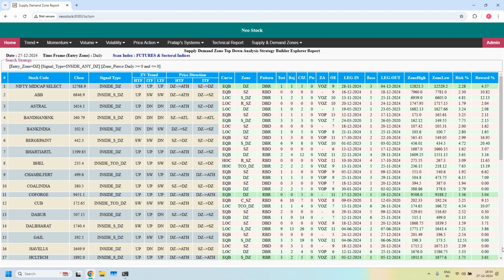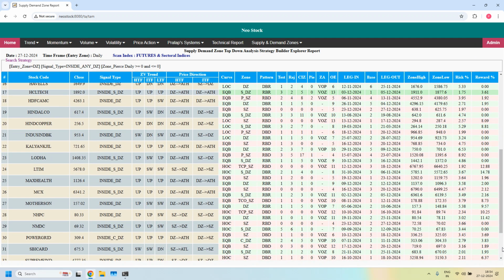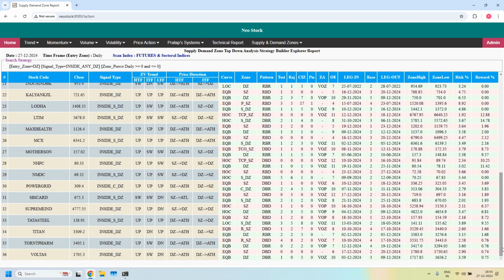We got a big list, first 17 stocks in the list. I am scrolling the list down. So total 36 stocks are filtered where price closed inside the daily demand zone.